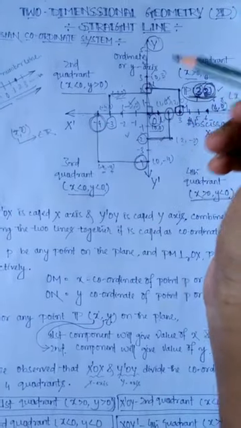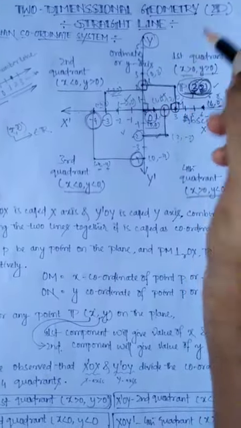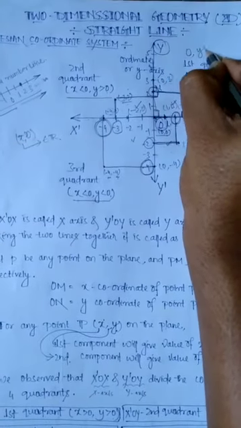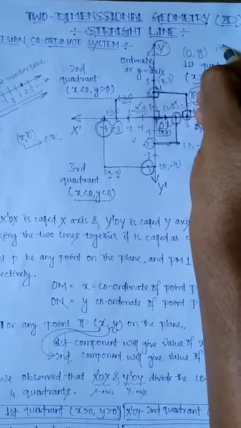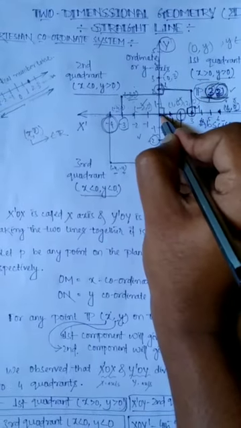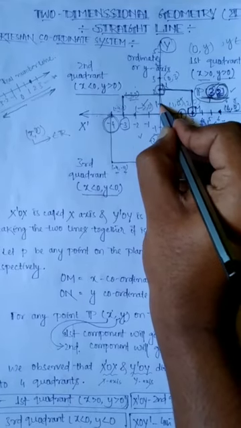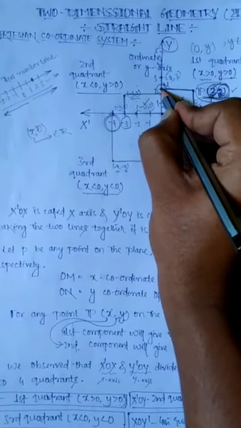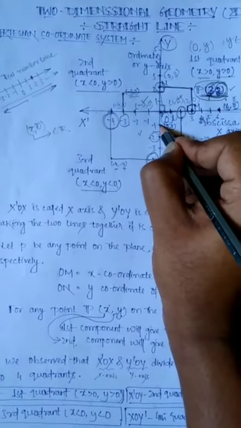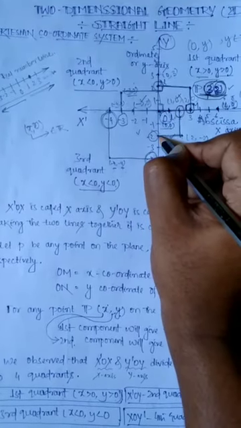Similarly, we can say any point on the y-axis is of the form 0, y, and y belongs to R. Why? You can see this is the point 0, 0. This is the point 0, 1. This is the point 0, 2. This is 0, 3. Similarly, on the negative part, this is 0, minus 1. This is 0, minus 2.